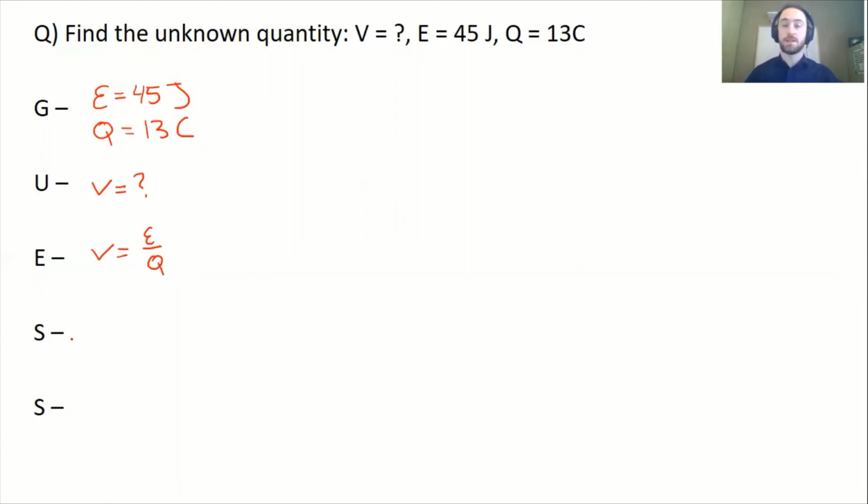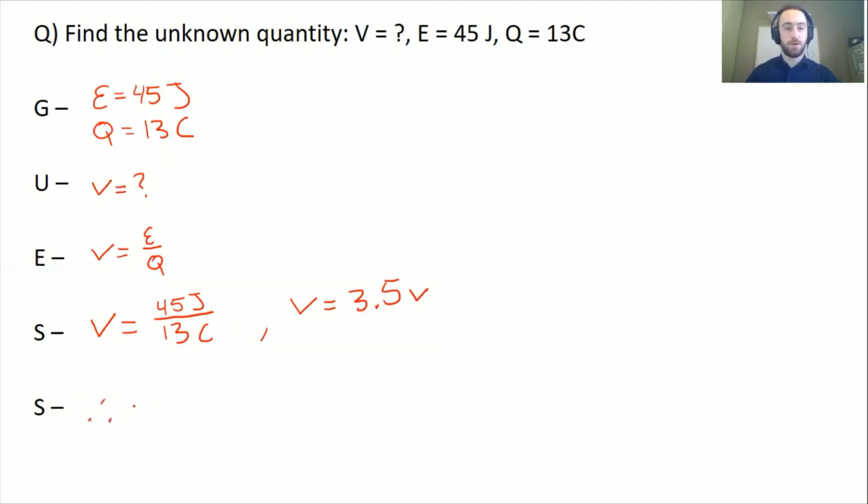So now we're going to go ahead and solve for our voltage. Our energy is 45 joules, and our total charge is 13 coulombs. So 45 divided by 13, our voltage is equal to 3.5 volts. Great. And now our statement at the end.